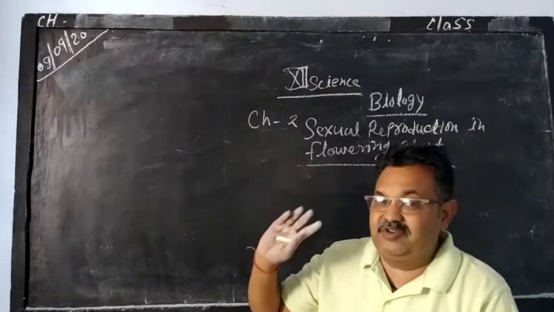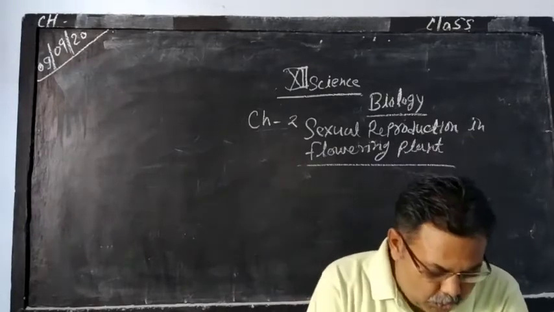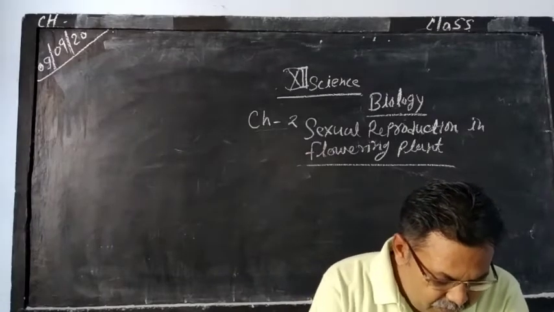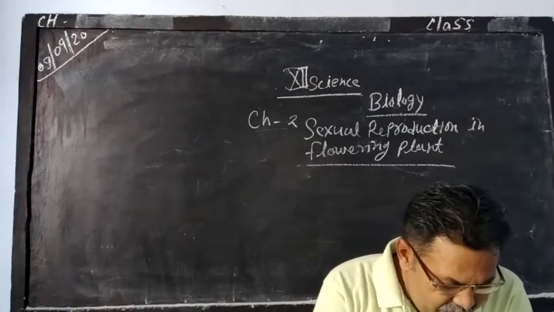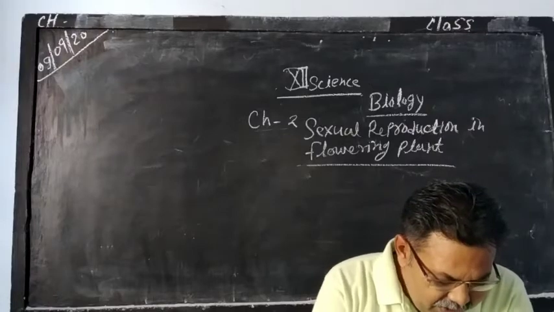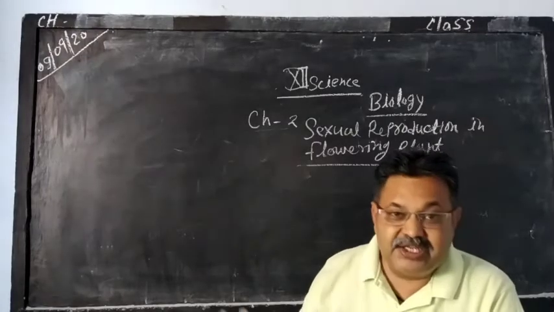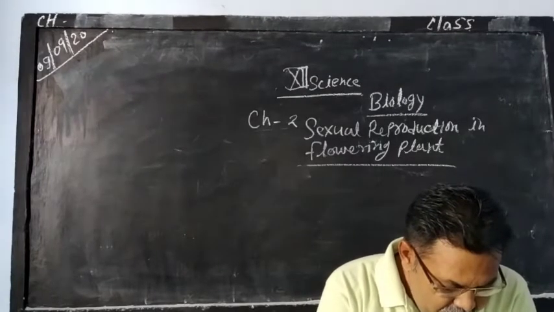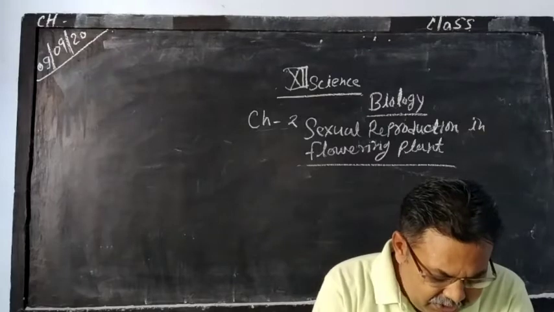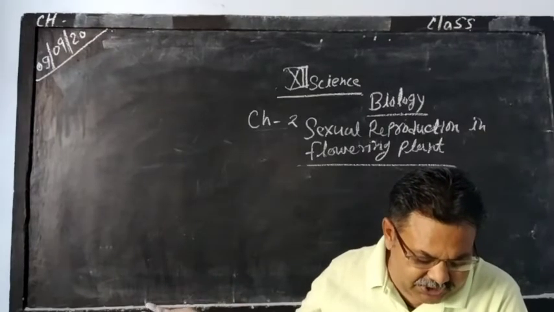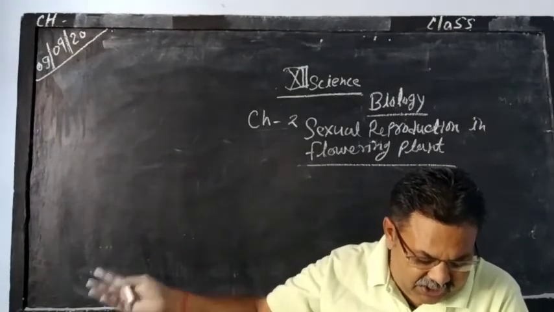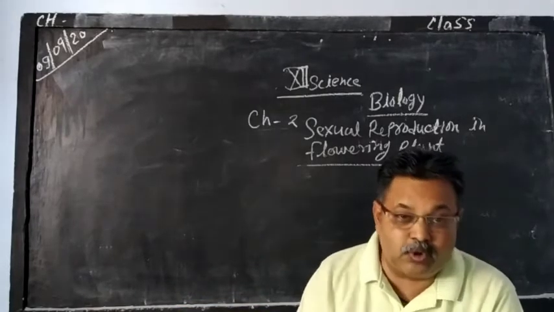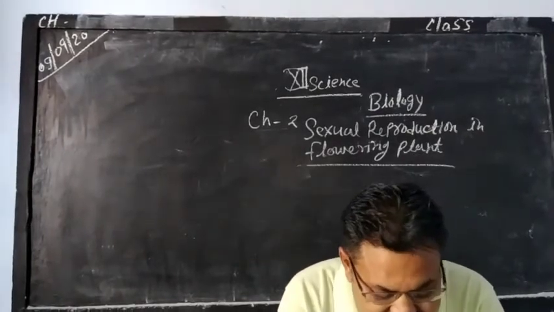But in dicot, they do not have endosperm, so food material is stored between the cotyledons. In monocot, the embryo is found on one side of the seed, but in dicot seed, the embryo is found in the middle part of the seed. So this is the major difference between monocot and dicot seeds.